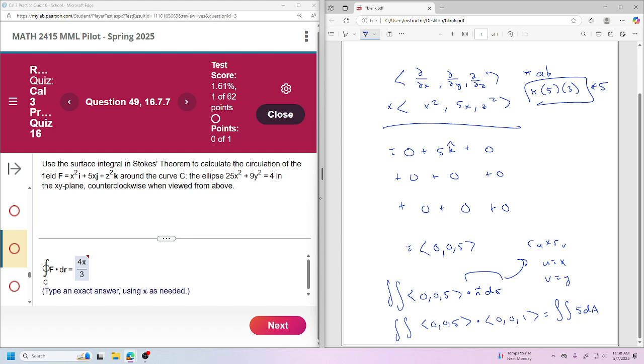Hold on, I messed up. Is it not just 1? Maybe I have to divide by something? It's a scalar thing, isn't it? Oh, because there's a 4 right here.